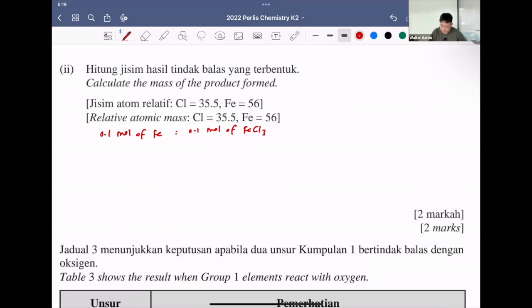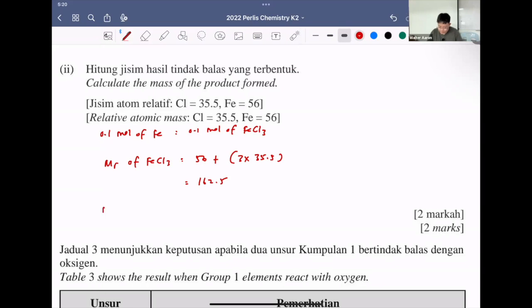So for the mass of the product, you have to calculate the Mr first. Mr of FeCl3 will be 56 plus 3 times 35.5. So you'll be able to get a total of 162.5.